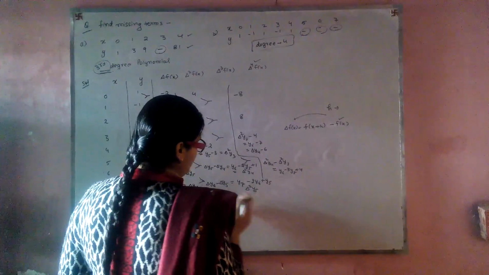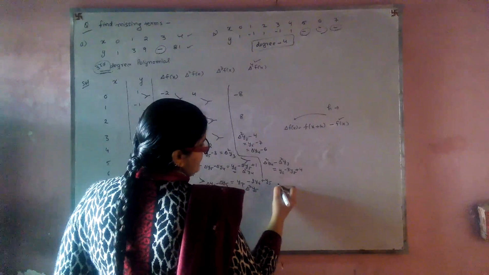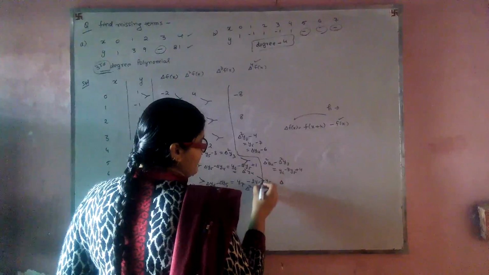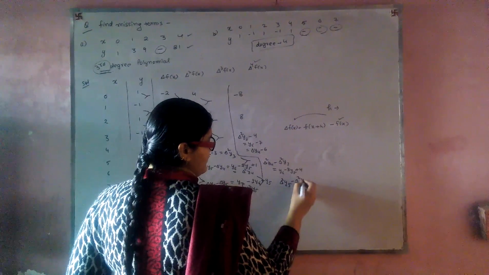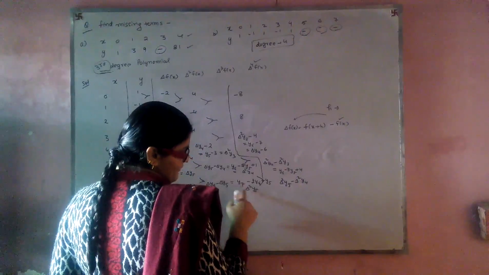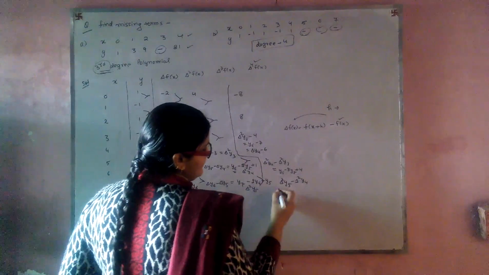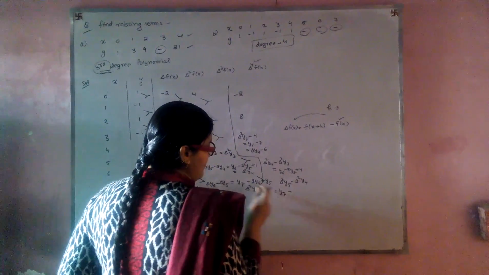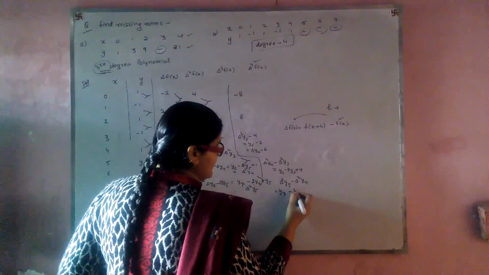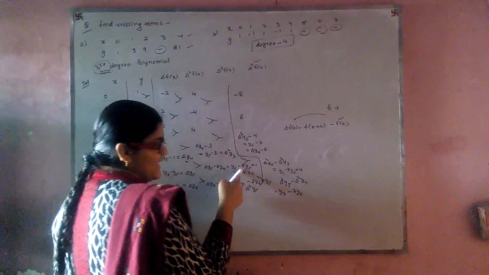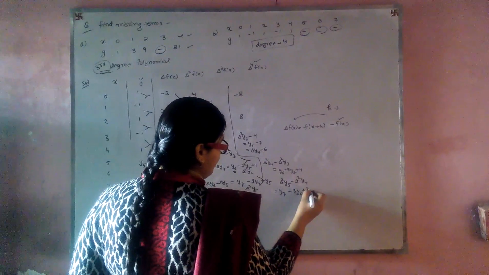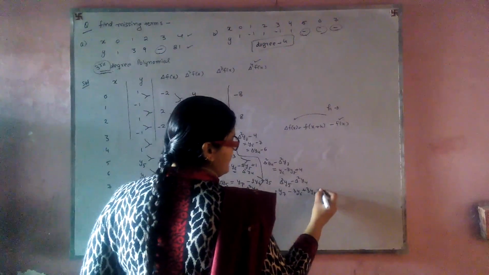But there is no need to write it. This becomes delta 2 y5 minus delta 2 y4, or it can be written as y7 minus 3y6 plus 3y5 minus 1.